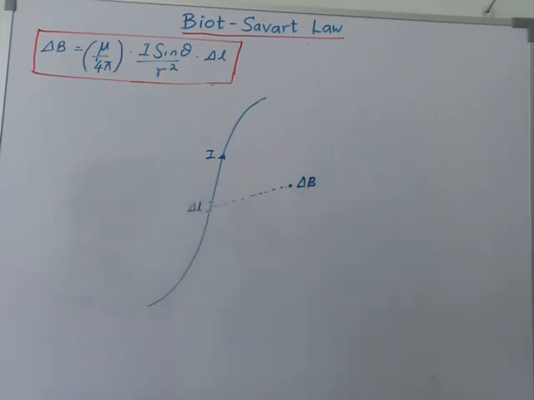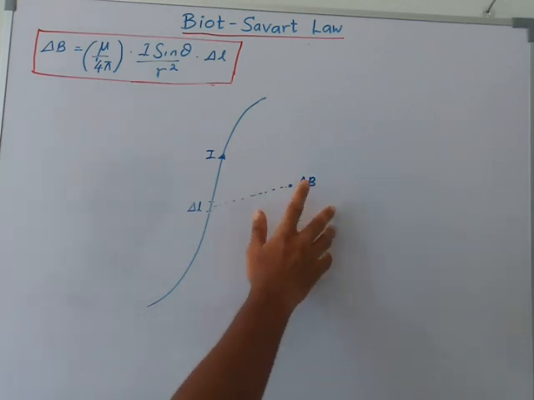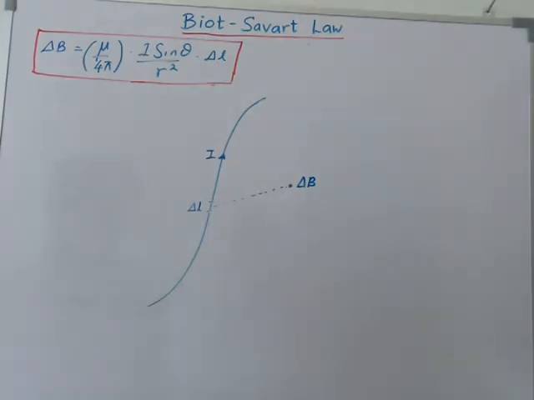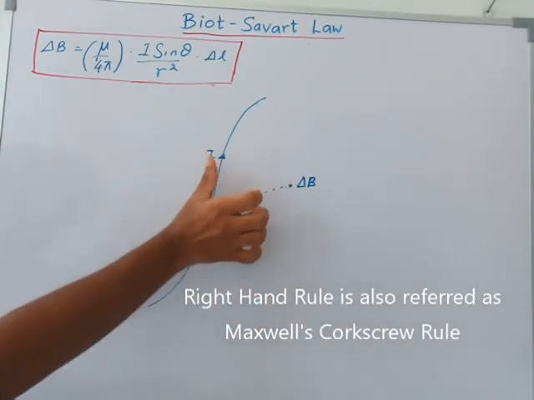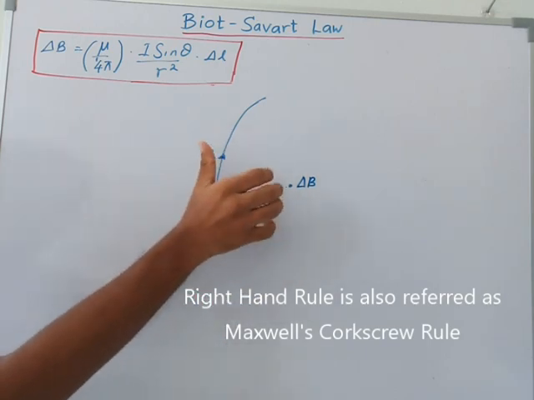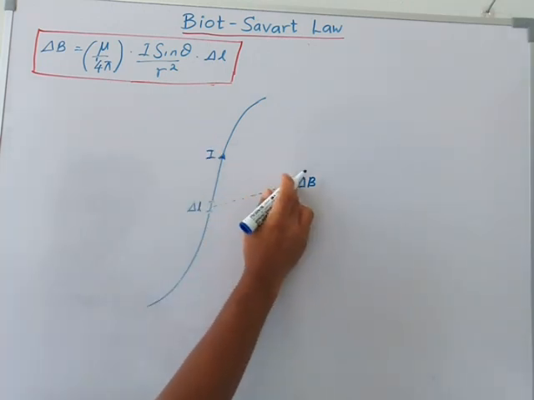As we know, the magnetic flux density is a vector quantity, so it has magnitude and direction. The magnitude is given by the Biot-Savart law, and to find the direction we have to use the right hand rule, or Maxwell's corkscrew rule. If I use the right hand rule here, the magnetic flux density is into the board.